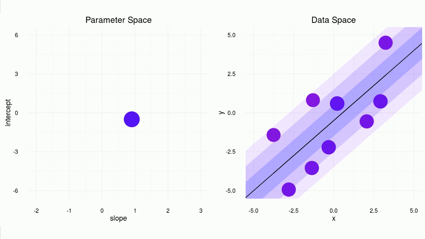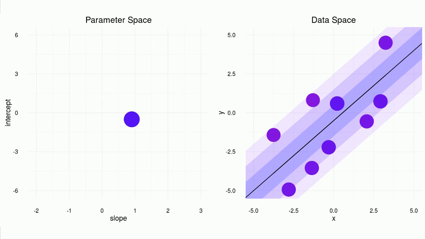And it does make sense that the parameter values that make the data the most likely might be a good guess for what the best parameter values might be. But in Bayesian statistics, we're not just interested in one best guess. We're interested in exploring the full parameter space and in how probable different parameter combinations are. And we're almost there.